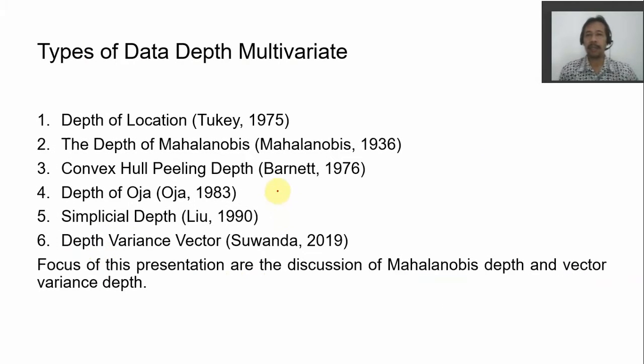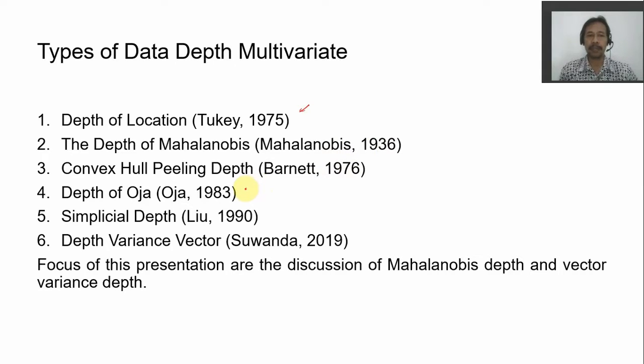There are many researchers who have studied types of data depth for multivariate cases. The first is depth of location, proposed by Tukey, and the depth of Mahalanobis.